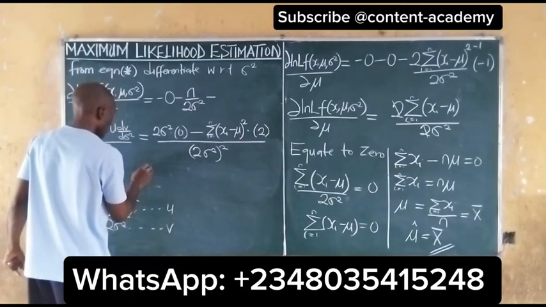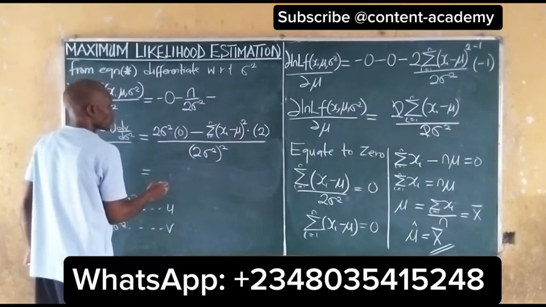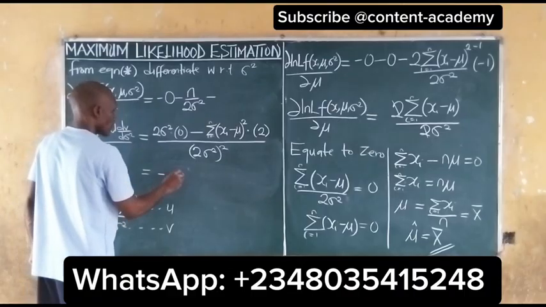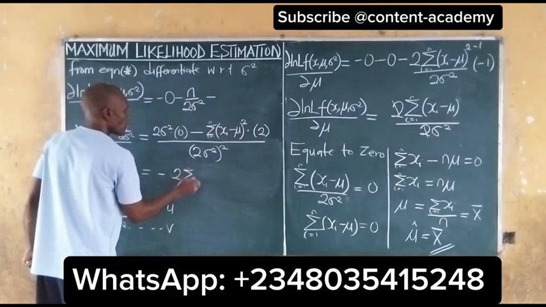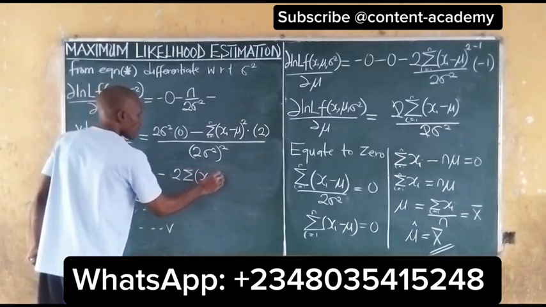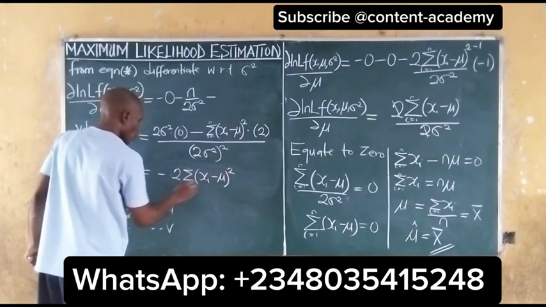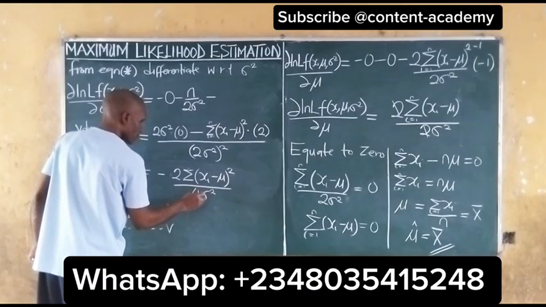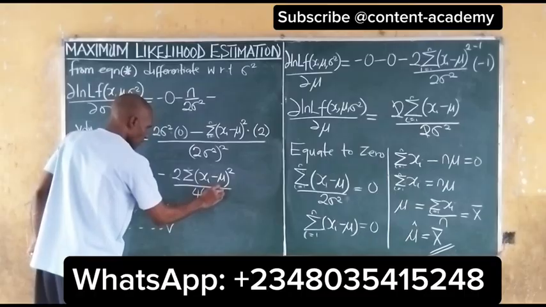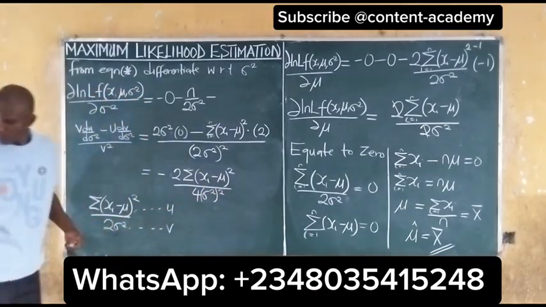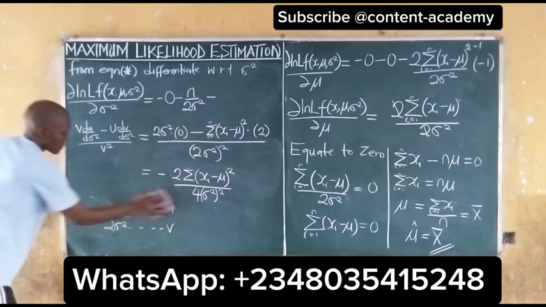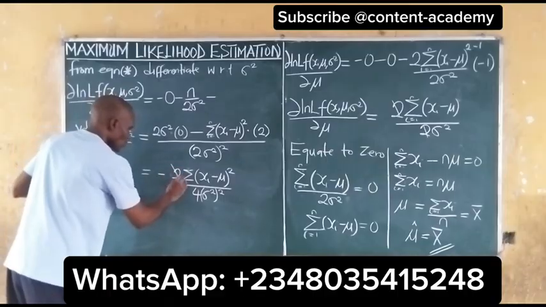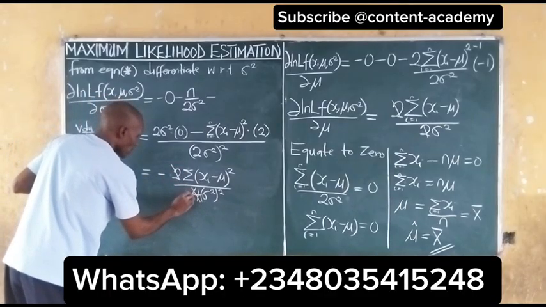So of course, this is 0. This will give us negative 2 times the summation of (xi minus mu) squared all over 4 sigma squared. So that's what we get. Of course, these 2 can cancel to give us 2 here.